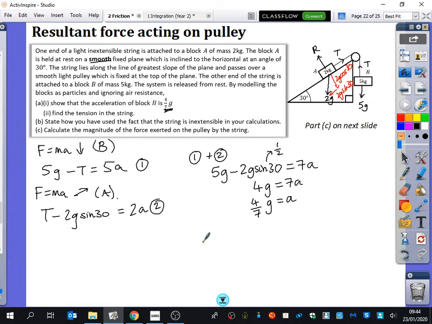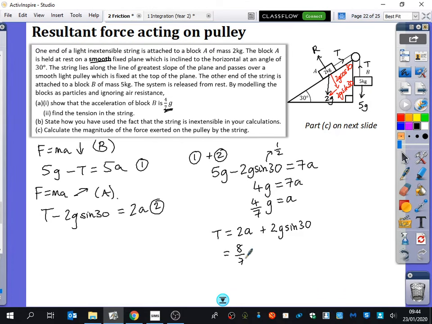Now we're going to find out what the tension is. Which equation is easier to find the tension? I think the second one. Yeah, because you've just got T, and you just add that to the other side. But either of them are fine. So I can then say that tension is equal to 2a plus 2g sine 30. Well, the acceleration is this, so double of this. What's double 4/7?